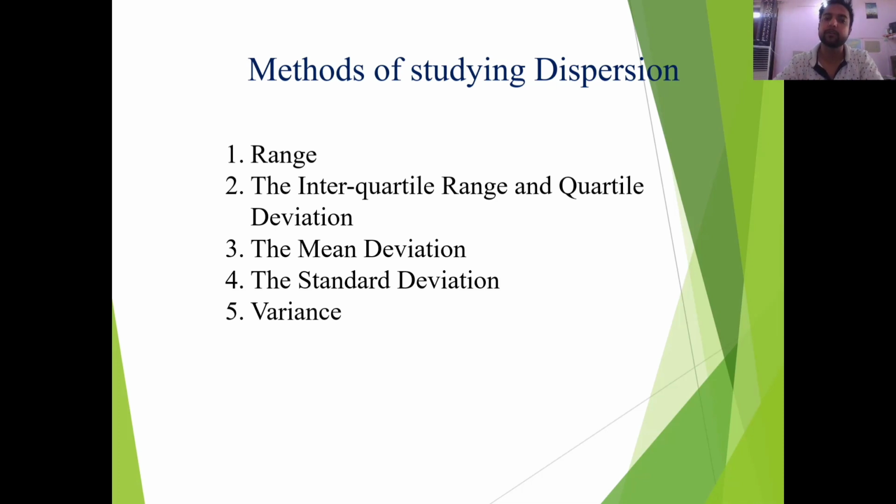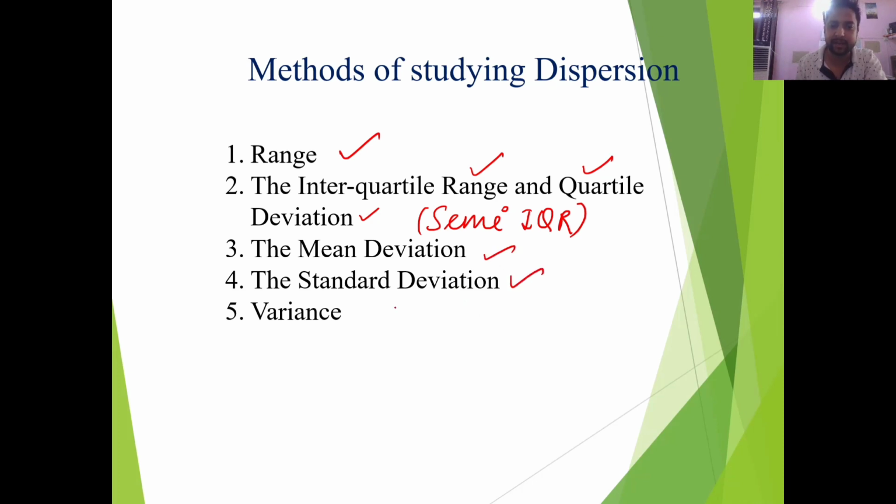Before going to that, let me tell you something about different methods of studying dispersion. One we studied previously, in the previous slide, that was range. Another is semi-interquartile range, or we can say quartile deviation. Then mean deviation is something that we have to study, then standard deviation, and then variance.